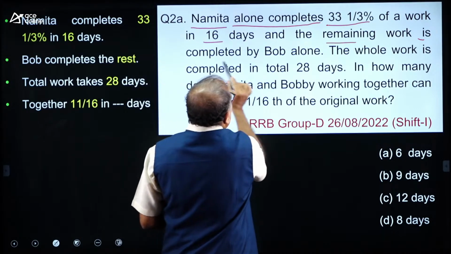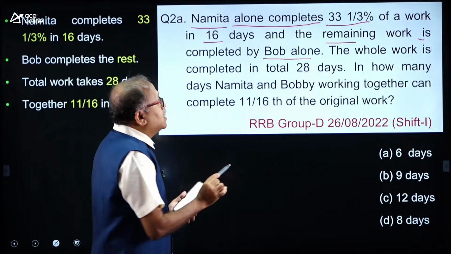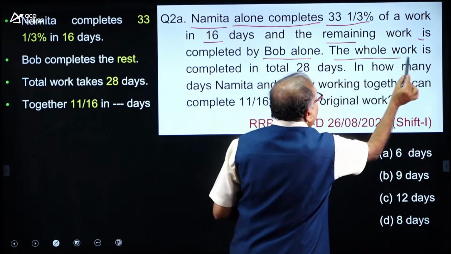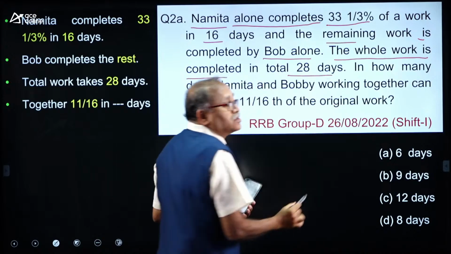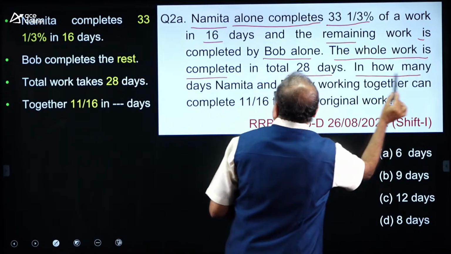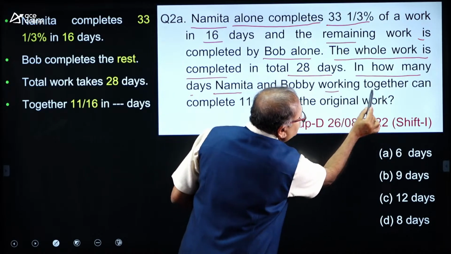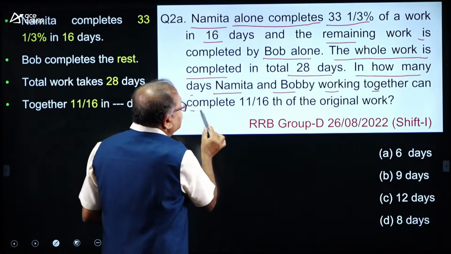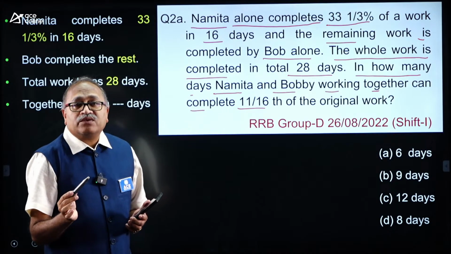The whole work is completed in 28 days. So, in how many days can Namita and Babita working together complete 11/16 of the original work?